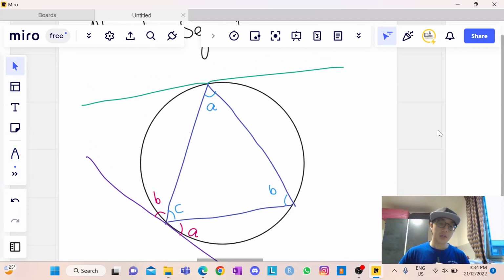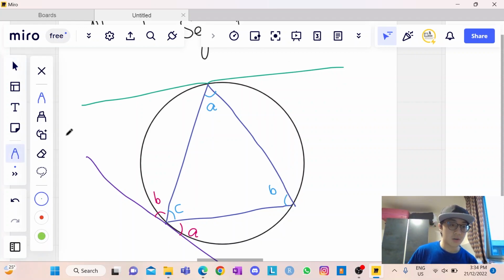You can give yourself a little bit of time to pause this video and see which part here is angle B and which part here is angle C. Once you are ready, here we are. As you can see here, B is nearer to this region right here, which means this part cannot be B. So this is B, and C will be this part.